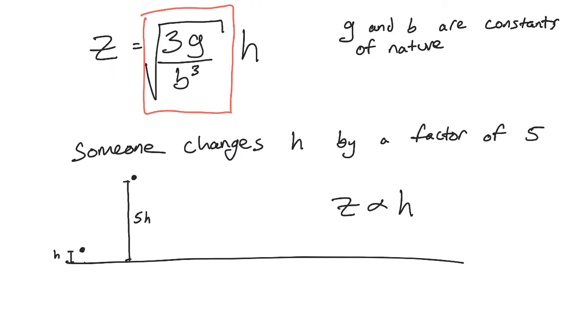So I will come along and I will multiply by 5 the height. And now without plugging in, without getting bogged down in this square root and all these constants and whatever visual complexity you see here, because I can extract the relationship and I know the general property of this relationship, I can immediately see how nature will respond.